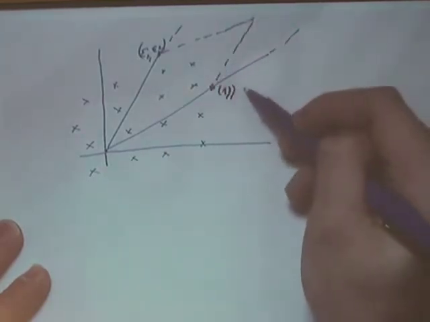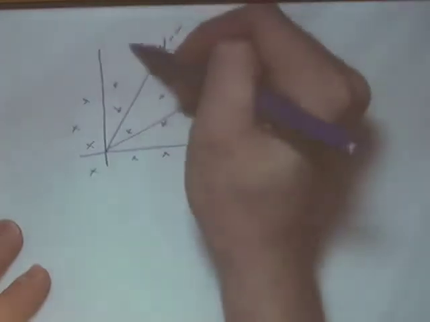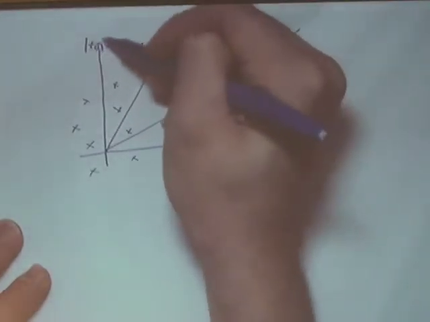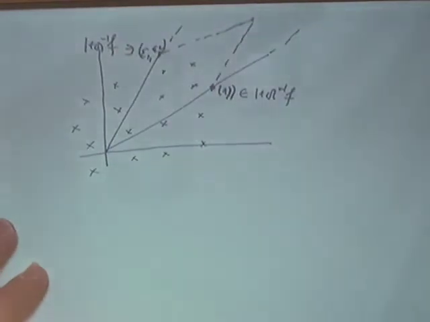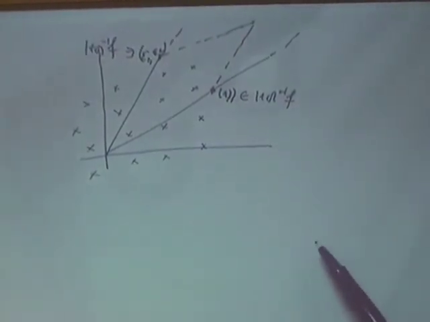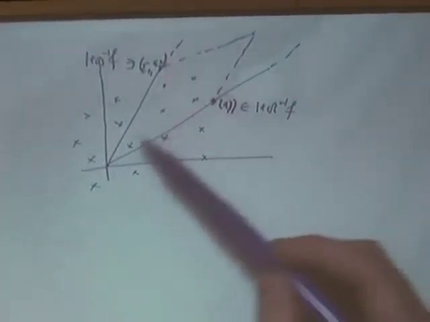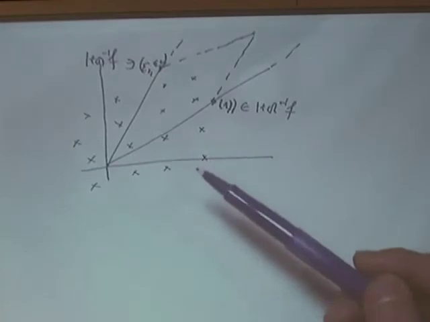Because these endpoints happen to lie in our lattice translate, because epsilon is congruent to 1 mod f, you can generate any point in the cone by adding an integer linear combination of 1 and epsilon to some point in this fundamental parallelogram.